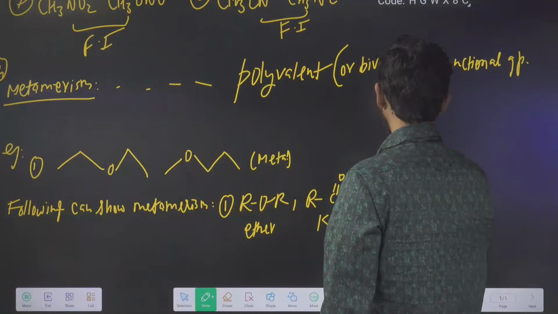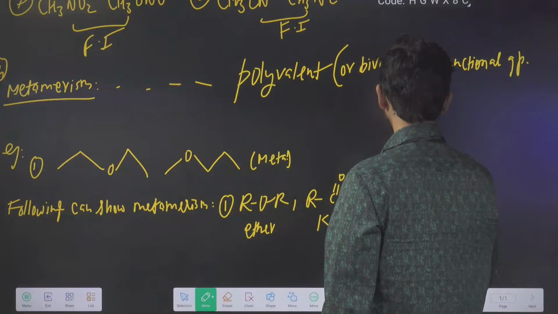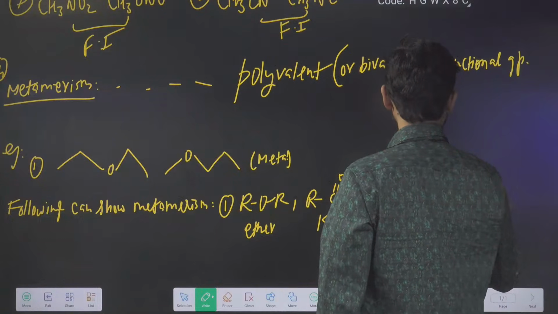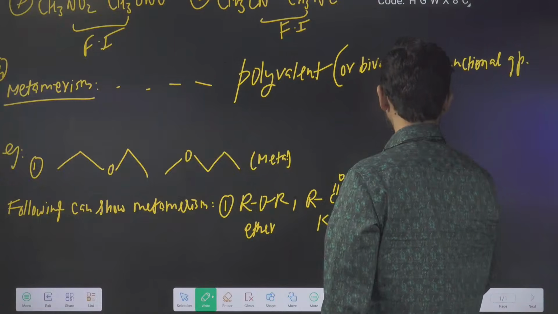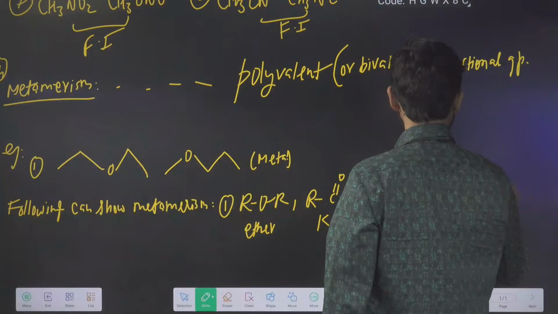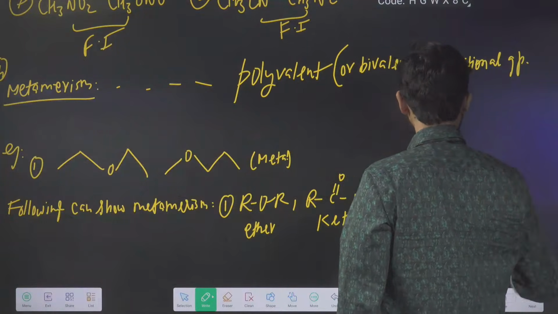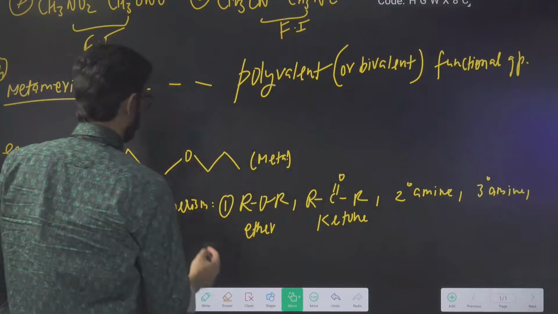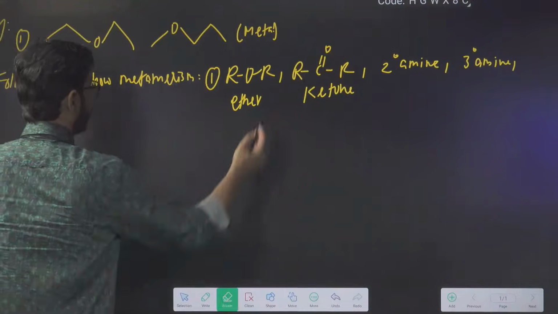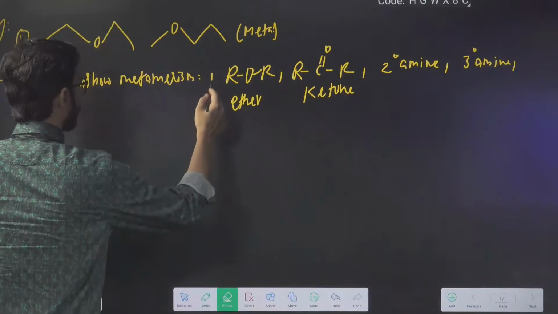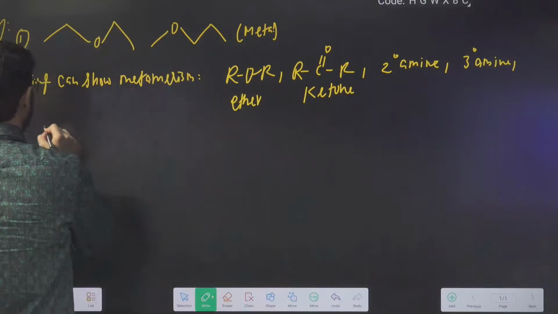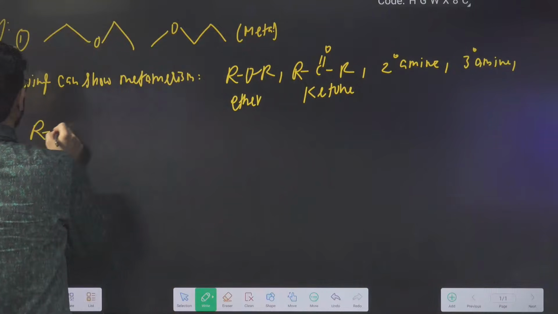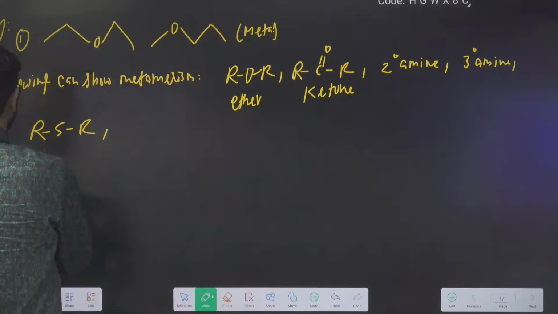Other is secondary amine, other is tertiary amine. Then thioethers, RSR.